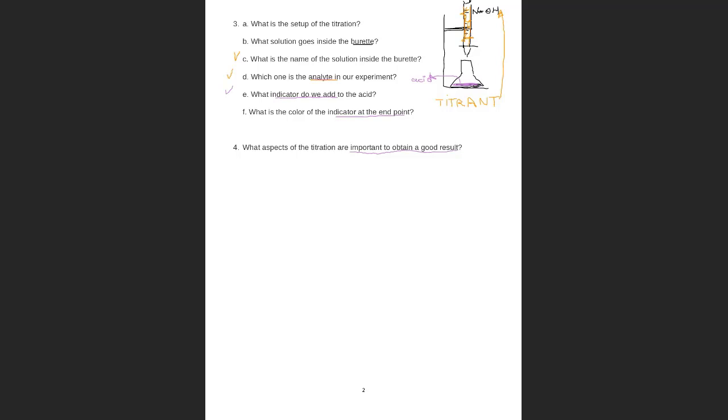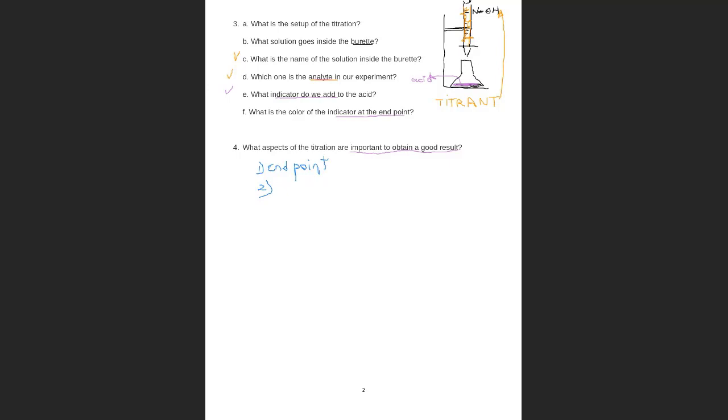So the first is the end point. Let's say that we see a light pink and we continue adding base. Well, we are going to record a different volume and it's going to be wrong. So as soon as you see the light pink, stop. Do not pass the end point. Number 2, important, to read the volume at the correct line of sight. And that's what we saw before.